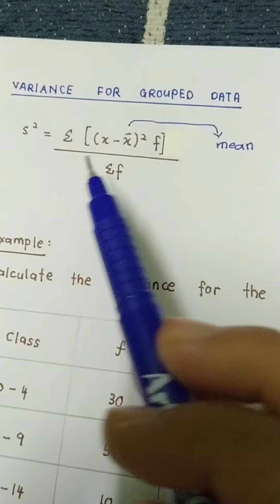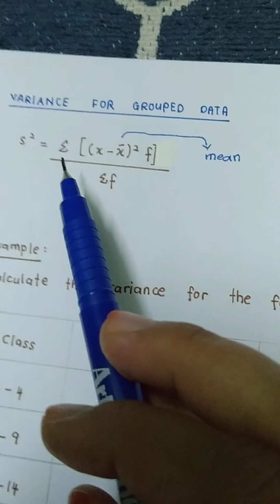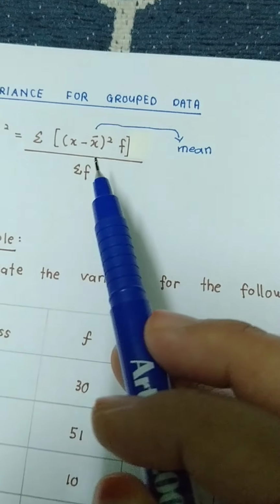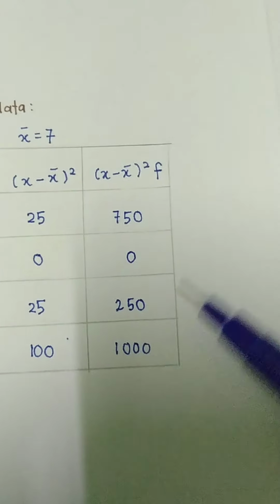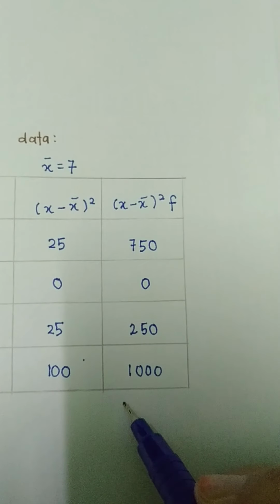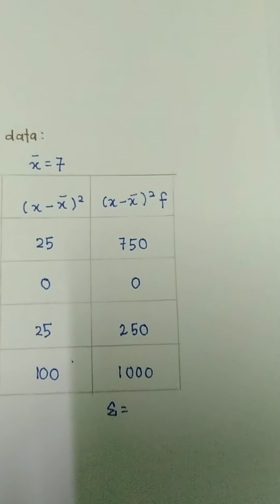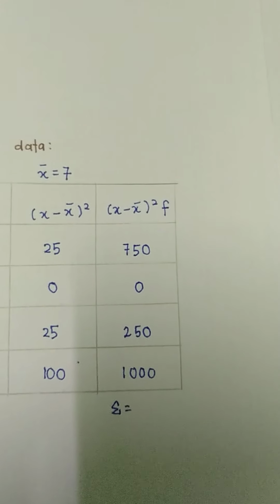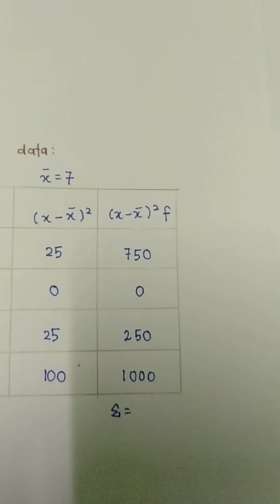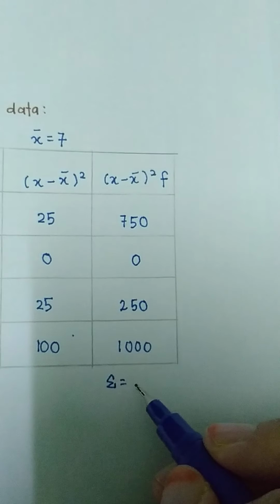And then we must find the summation of (x minus x bar) square multiplied with f. So we must find the total for this column. So 750 plus 0 plus 250 plus 1000 is equal to 2000.